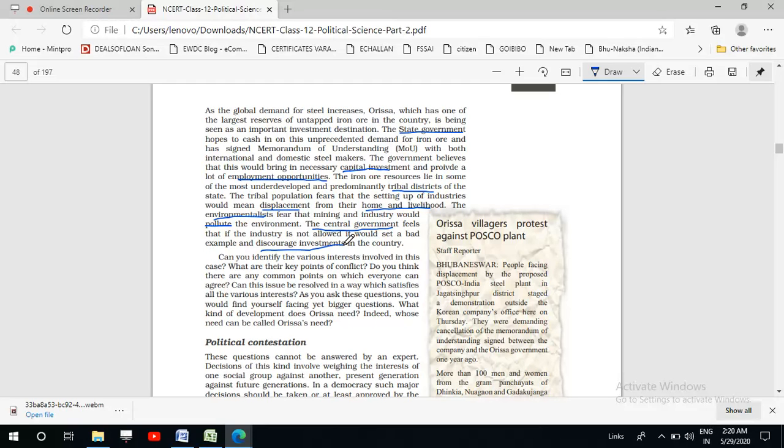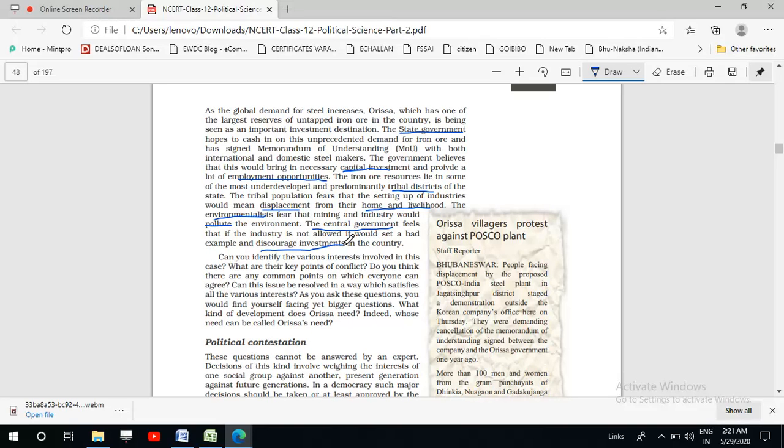One incident is there: the signing of the MOU between the Odisha government and the Korean company. And because of this incident, four different groups of people are having different opinions, and all the opinions are related to development.